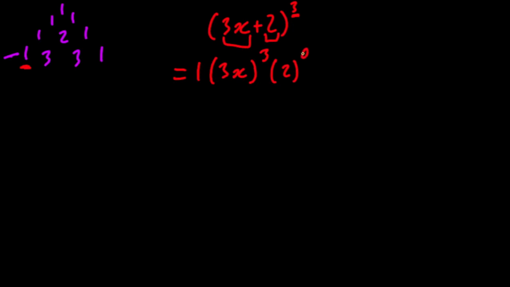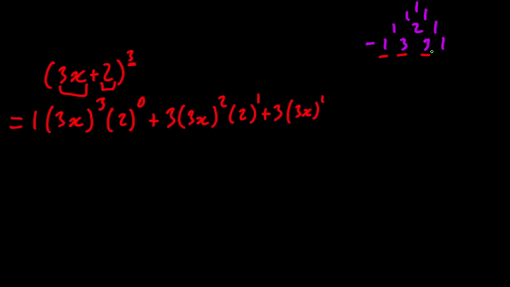Power of 0. And then we add it to the second number, which is 3 multiplied by 3x power of, what did I tell you before? We subtract. So 3 minus 1, that's 2. And then multiplied by 2 power of, we add here. So 1 plus second number, which is a 3 into 3x power of 1.